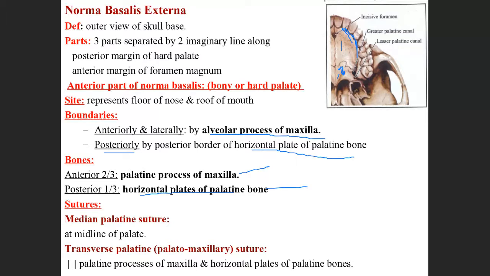And what are the sutures? What suture are you seeing here?